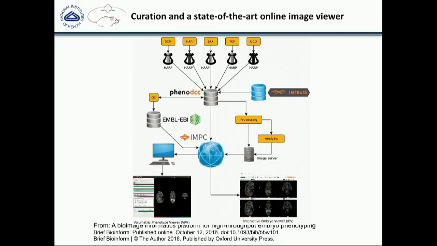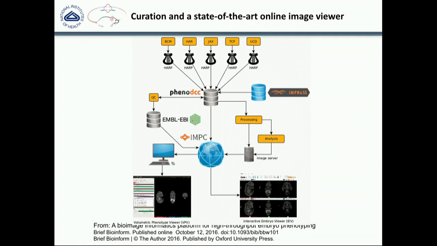Okay, so to curate this data and make it available to the public, which is a really important aspect of the program, there is, similar to what Steve mentioned for the adult phenotyping, a curation strategy through the Data Coordination Center to collect this data and also to produce ways for individuals within the community to use it.